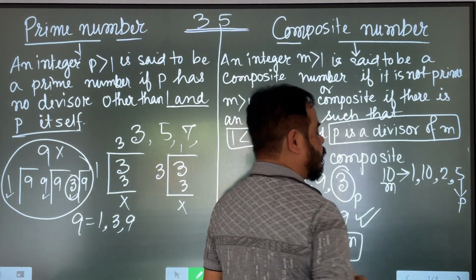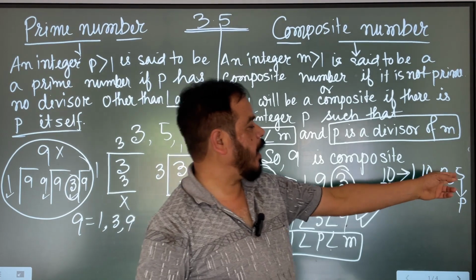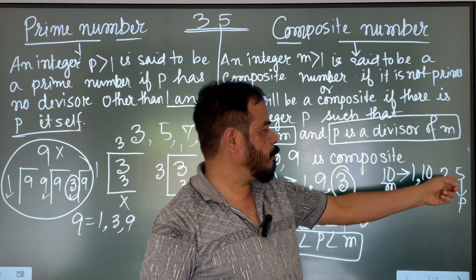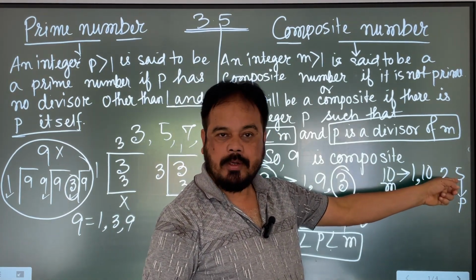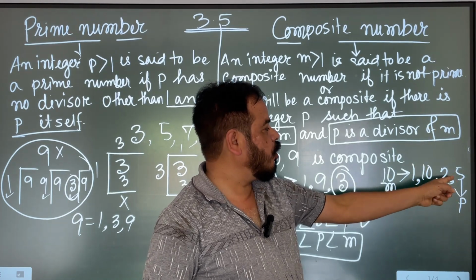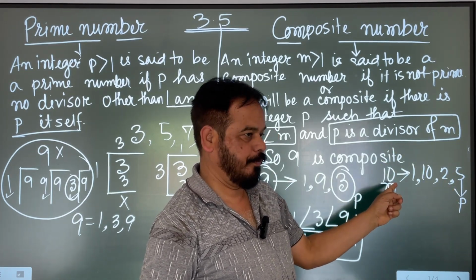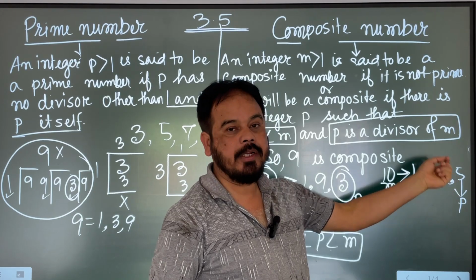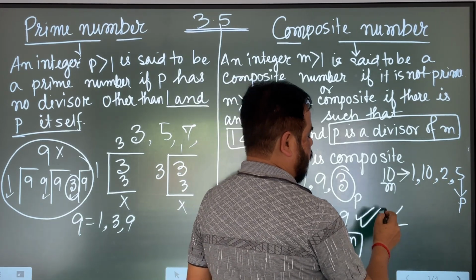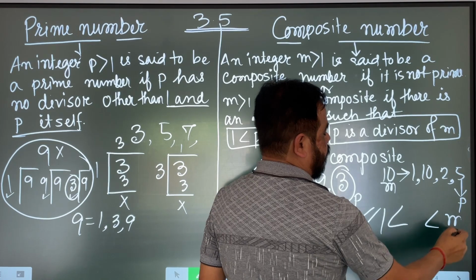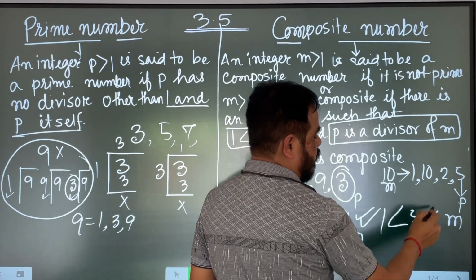This is m. P should always be greater than 1 and less than m. So whatever extra factor we get should be greater than 1 and less than m. P is 5, suppose.